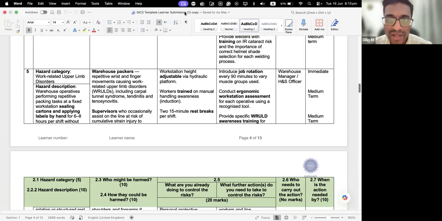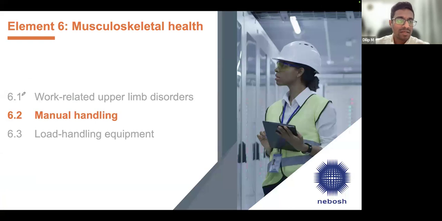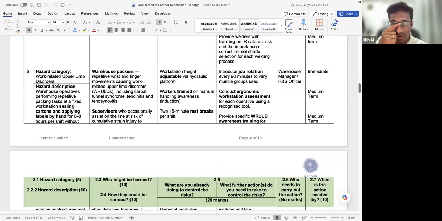Welcome back after the break. Before the break, we discussed work-related upper limb disorders. Now, an example of how to write the Section 2 risk assessment for the hazard category, which is work-related upper limb disorder.